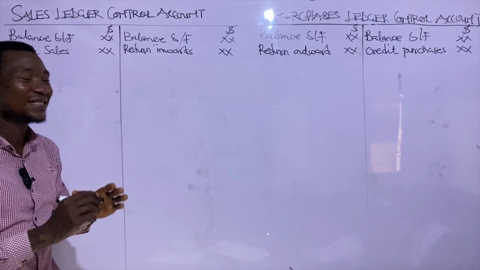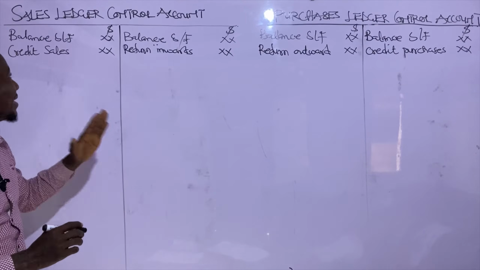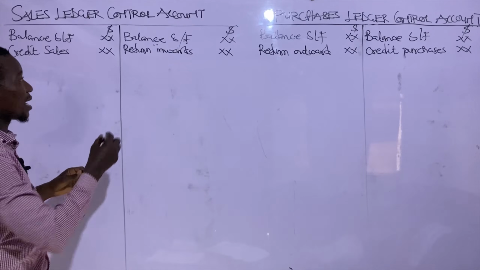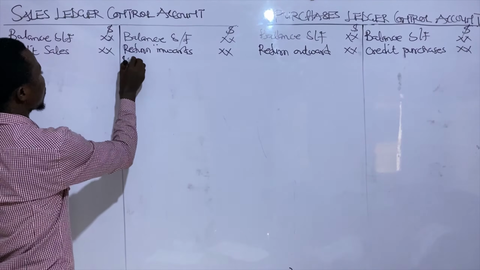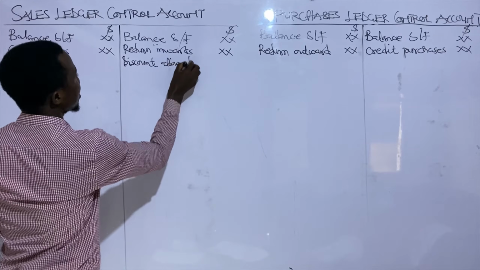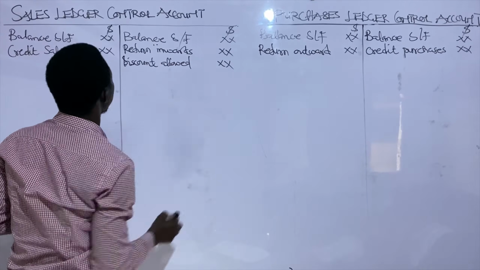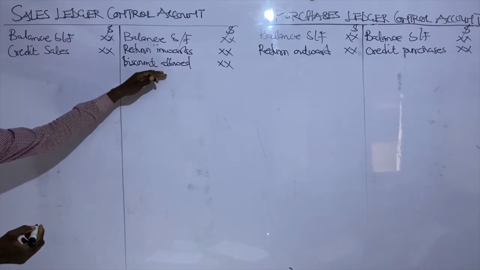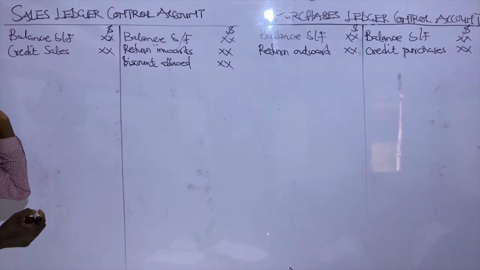And any item that reduces debtors balance should be recorded in this account. Is that okay? So for discount allowed, it will be credited to the sales ledger control account. Is that okay? So we credit this account and debit discount allowed.